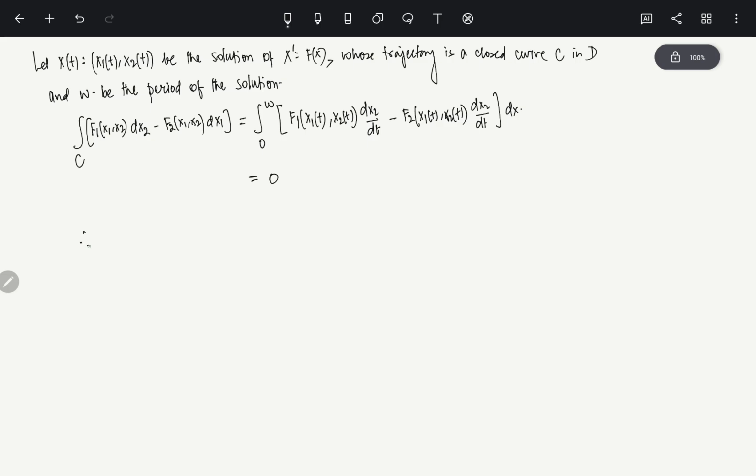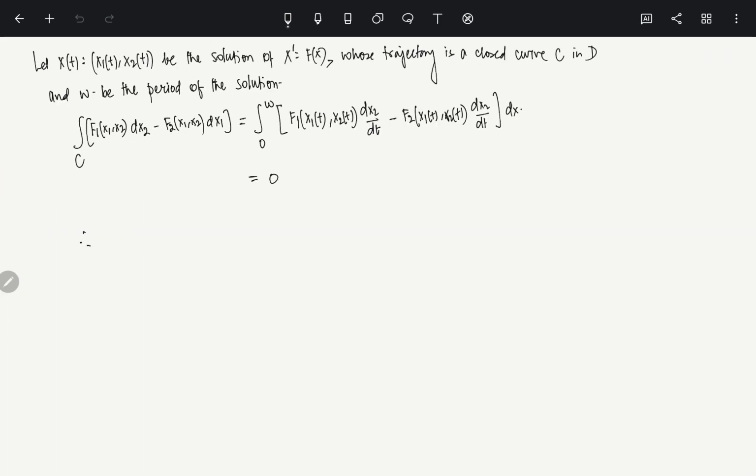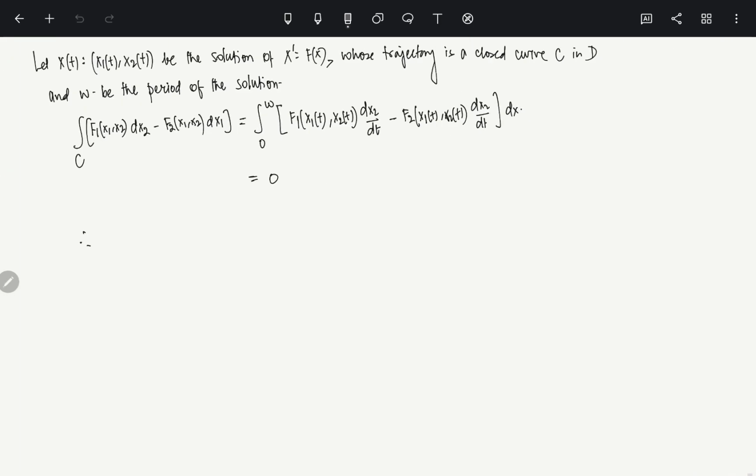So therefore what do we have is this. If this expression is 0, then the double integral of del f1/del x1 plus del f2/del x2 dx1 dx2 equals 0.